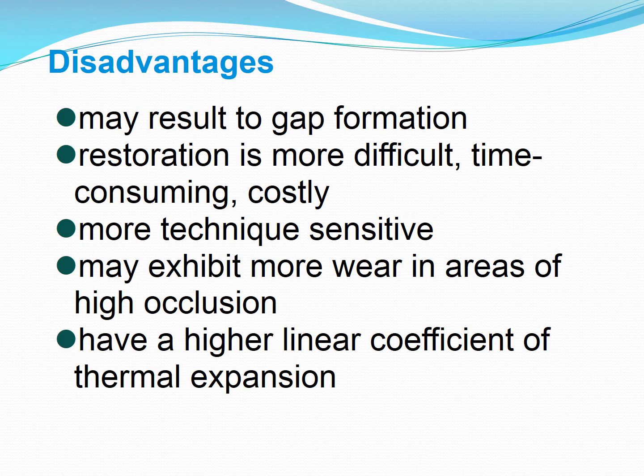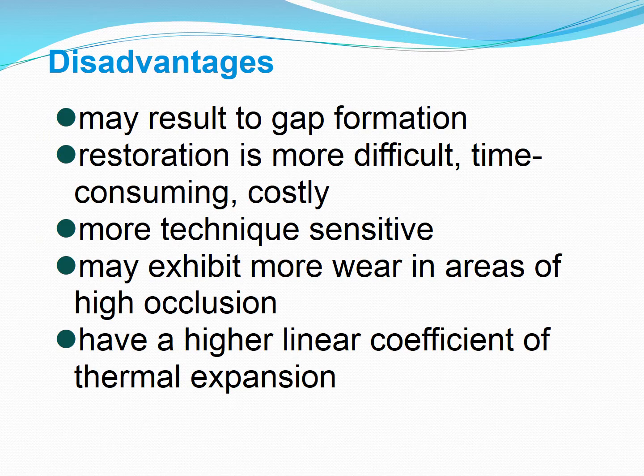Disadvantages: it may result in gap formation, usually occurring on the root surface as a result of the polymerization shrinkage of the composite material. The restoration is more difficult, time consuming and costly مقارنة بالأمالجام, and more technique sensitive because it needs good isolation for placement of etchant, primer and adhesive on the tooth structures.